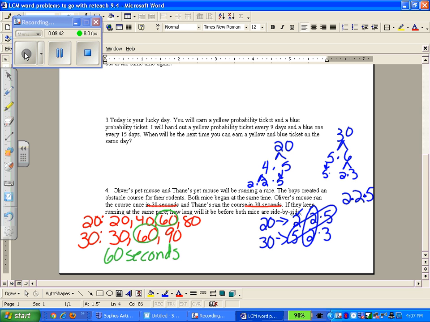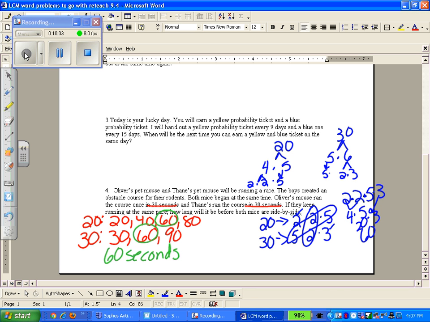So I'll use the 5 once, and then I'll use that 3. So 2 times 2 is 4. 4 times this 5 is 20, and then 20 times this 3 is 60. So again, in 60 seconds, they will be running side by side once again.